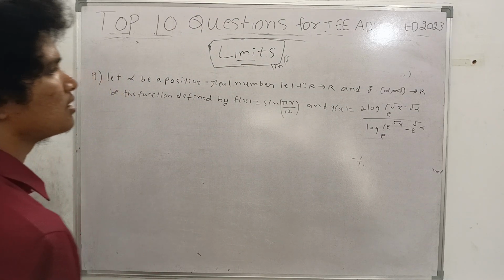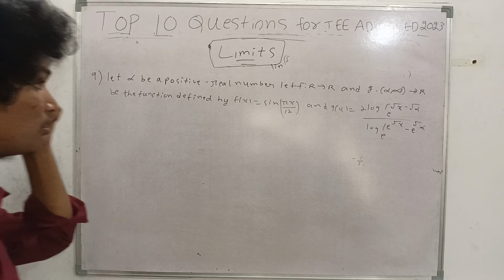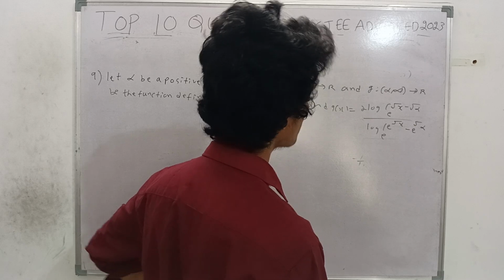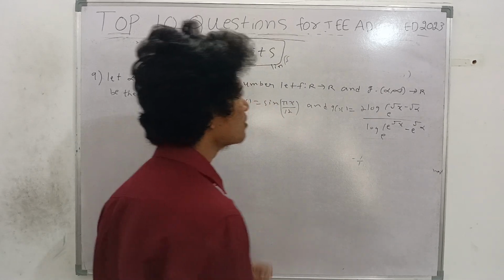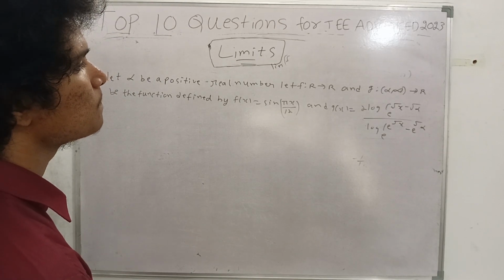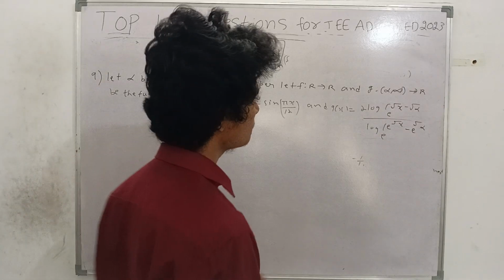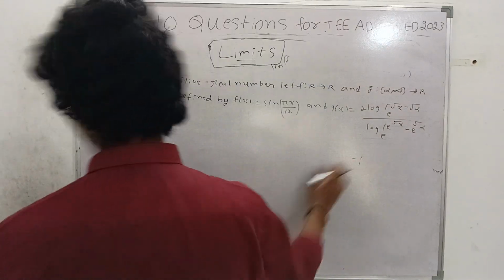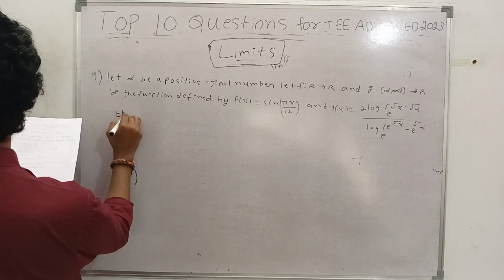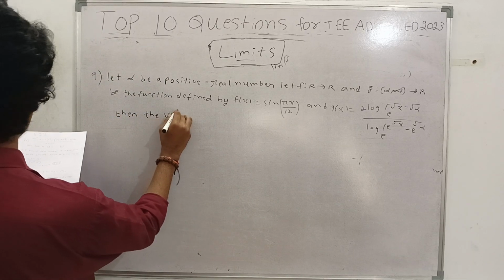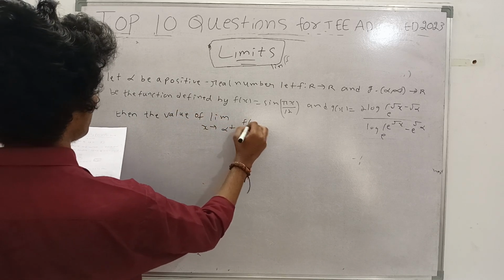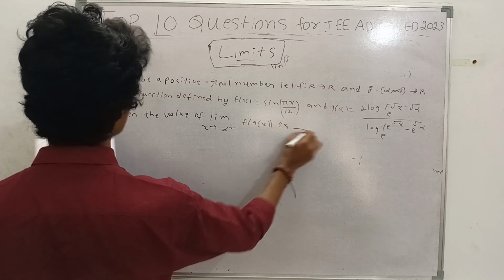Now observe carefully, guys. This is the thing, and what is the question I forgot? Then the value of limit x tending to alpha plus of f of g of x is what?